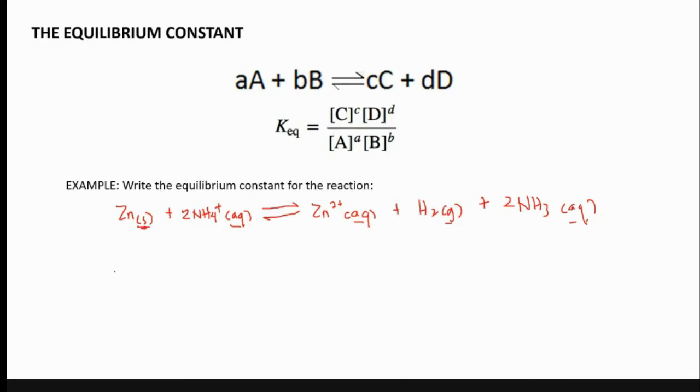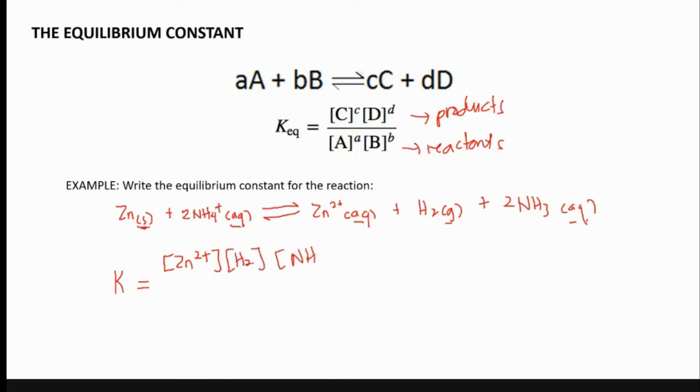So, K is equal to yung mga naka-aqueous in terms of concentration, zinc 2 plus. So products sa taas, products, tapos reactant sa denominator. Okay? So we have H2 and then ammonia.